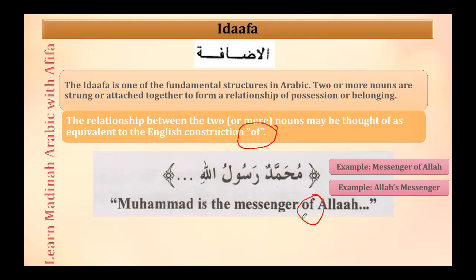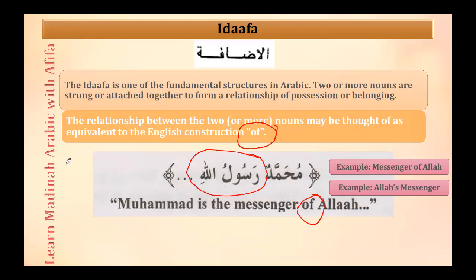So how do we indicate this "of" in Arabic? We indicate it by putting these two nouns together in a special construction called idafa. So the meaning is messenger of Allah.